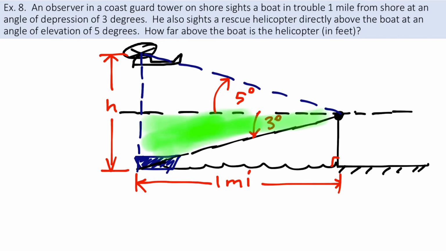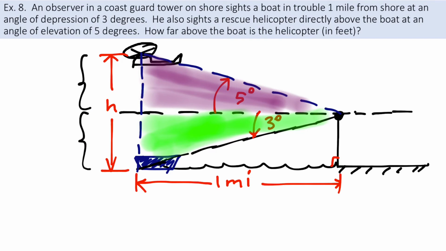I'm going to color these 2 triangles that I see here. Got this triangle and the green one. If we can figure out what these 2 sides are, here and here, we can just add those together and we'll have H, that distance from the boat to the helicopter.